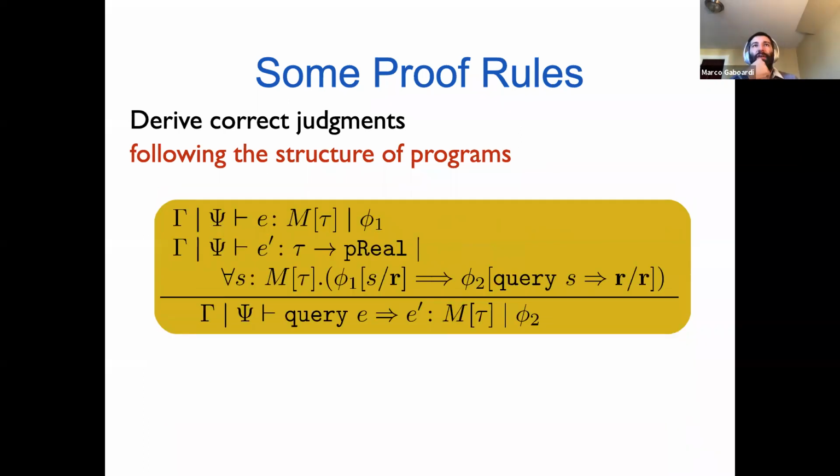We also have rules for specific constructs like a query. Now this rule may seem a bit complex at first, but it is actually a very semantic rule. You can mainly see it in the third row of the assumptions, which is the postcondition for E prime.